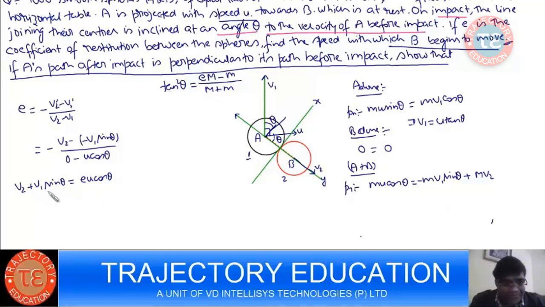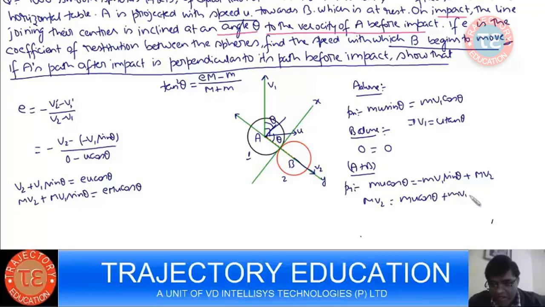If I multiply by m, mv2 is mu cos theta plus mv1 sin theta. So I can put it here, mv2 as emu cos theta.